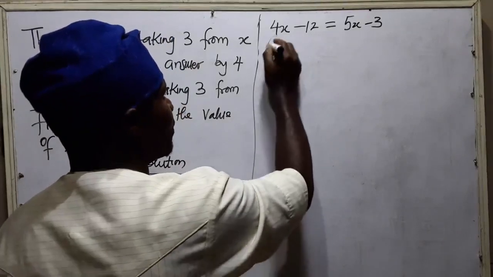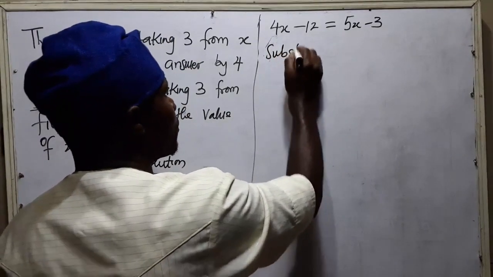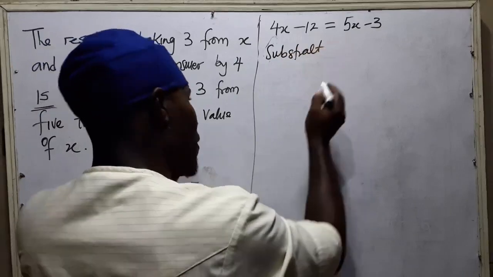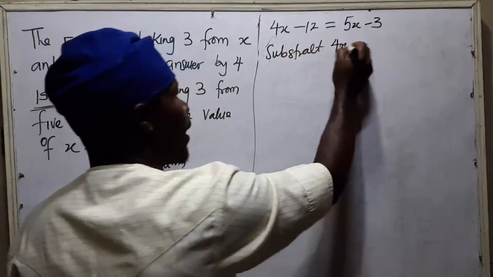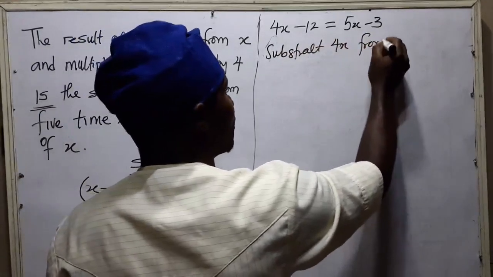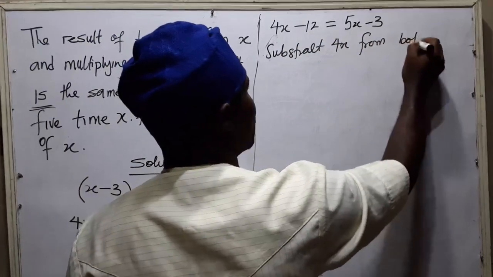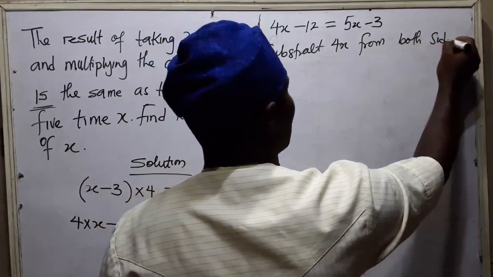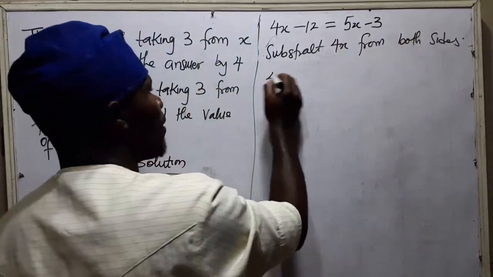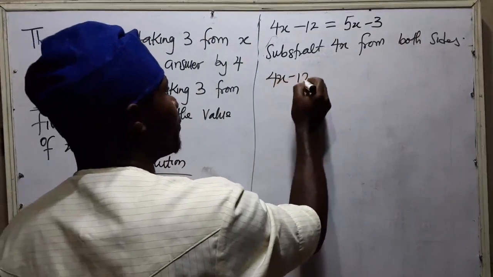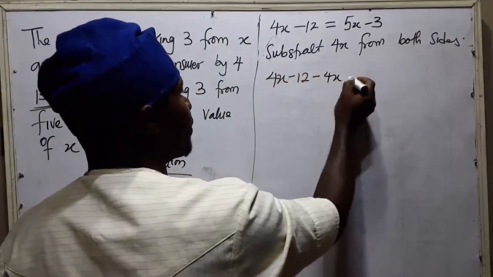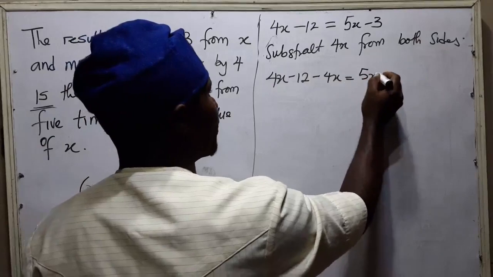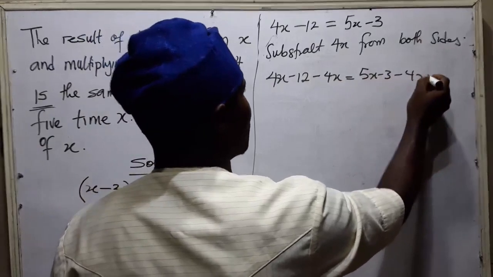Let's subtract 4x from both sides. So we have 4x minus 12 minus 4x is equal to 5x minus 3 minus 4x.